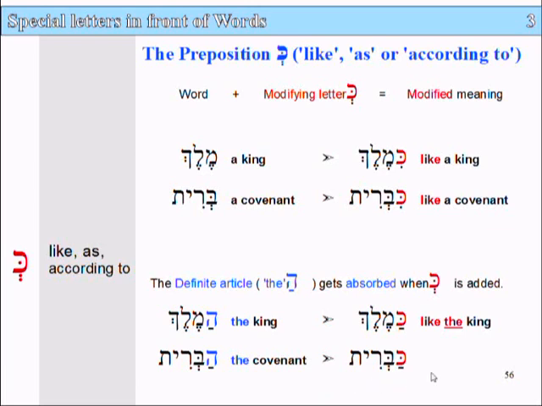Not carburetor, no, but kabarit, like the covenant, or as the covenant, or according to the covenant, depending on the context, how you want to translate it. But that's what the kaf does and means and behaves when we add it to the front of a noun. It means like, or as, or according to.